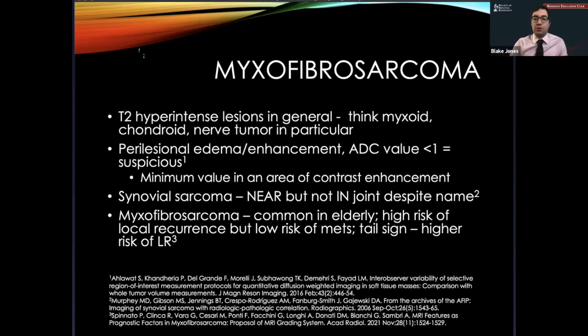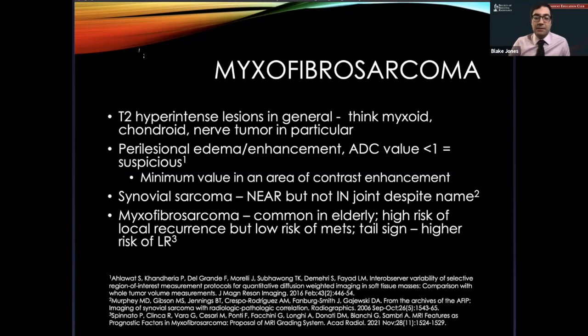Myxoid lesions, chondroid, nerve tumors are prominent examples. Perilesional edema and enhancement are suspicious features in a lesion like this, in a soft tissue sarcoma especially, and one that you may or may not be familiar with, although guessing that since over 90% of people said they thought that ADC image increased the likelihood of malignancy, I'm guessing at least some of you are.